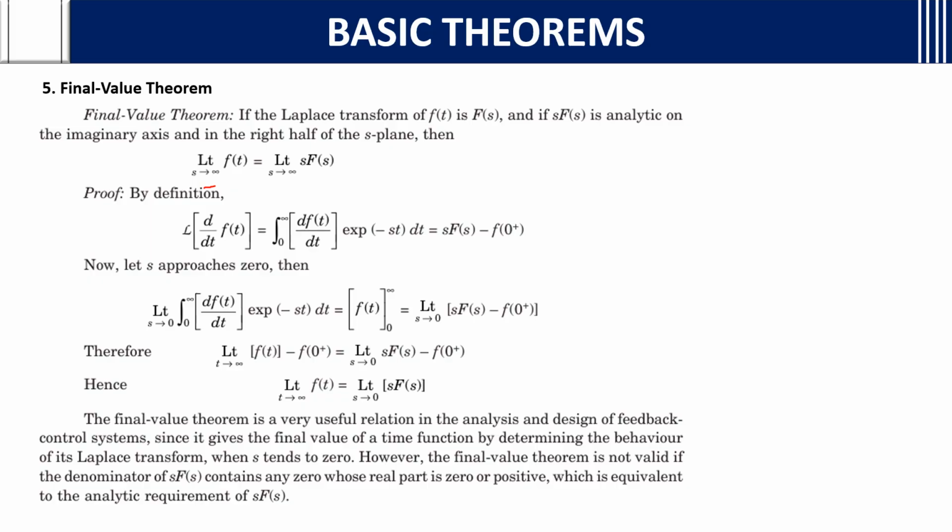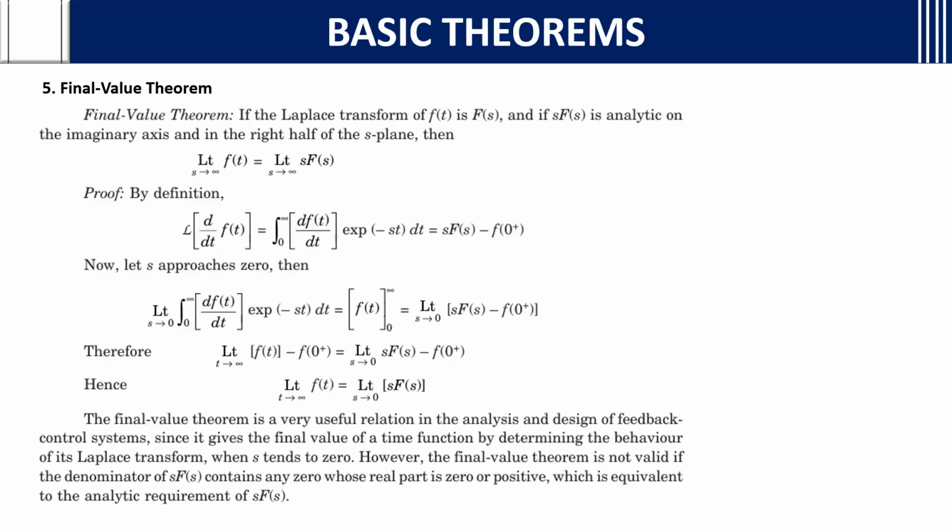By definition, you can write this equation like the previous one. Let s tend to 0 in the integral from 0 to infinity of d/dt of f(t) exponential minus st dt.